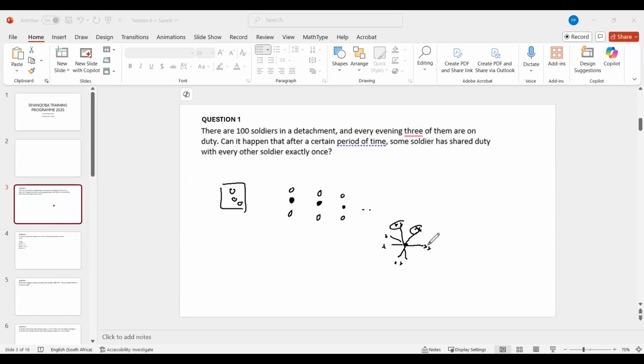Now, the answer is, it can't be. You can't have 100 soldiers because each time you've got 2 plus 2 plus 2 plus 2. So the number of soldiers altogether at any given time is 2 plus 2 plus 2.